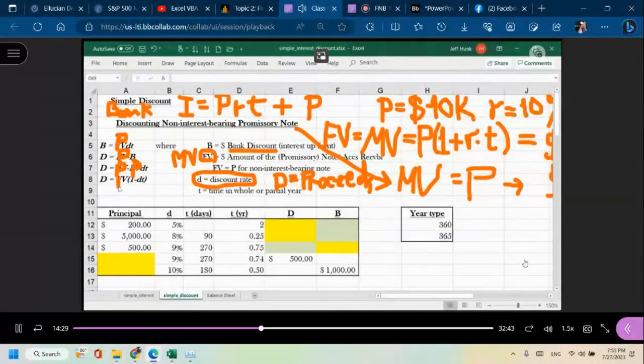So you factor out the common factor, it becomes P times 1 minus dt. Or if it is an interest paying promissory note, it's MV, or future value, times 1 minus dt.